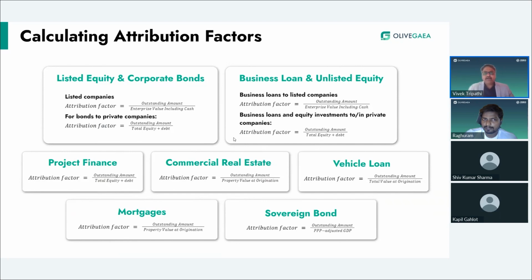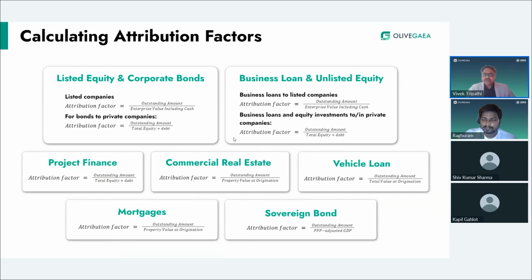Now, looking at the first part of the problem in this slide, the attribution factor. As I was saying, this is attributed emission. So you need to find out what the bank's investment contribution is in the total investment raised by the investee company. So in the earlier case, if the commercial real estate was raising, let's say, 10 million, and the bank was giving them 3 million, that's where the attribution factor was 30%. Very simple.